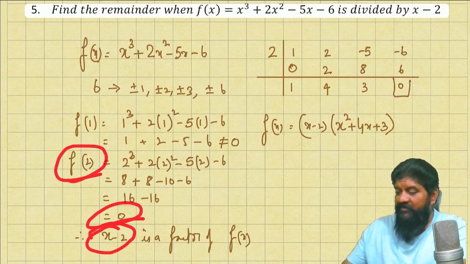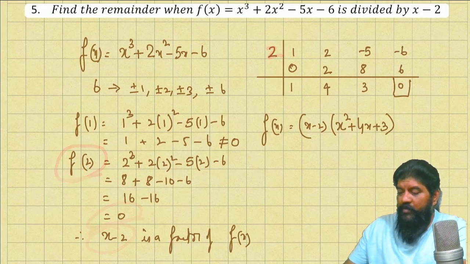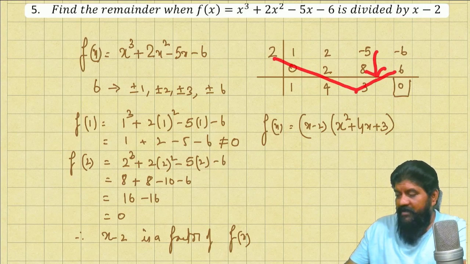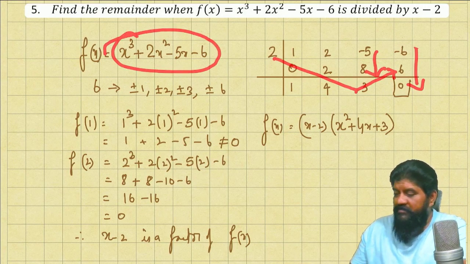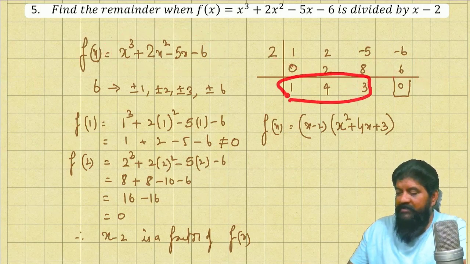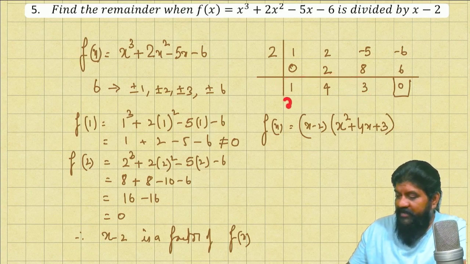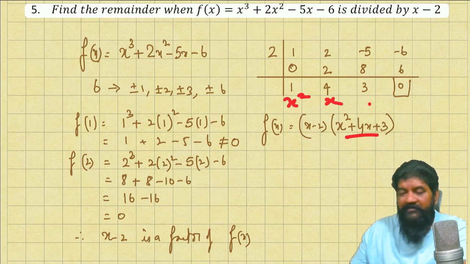Having said that, we went to the significant number, we updated the values: add, multiply and update, add, multiply and update, add, multiply and then update, and then you finally add. This is a cubic equation. Therefore, the terms here are going to be the coefficients of a quadratic equation. So you can see this can be written as 1x squared plus 4x plus the constant 3. That's the equation there.